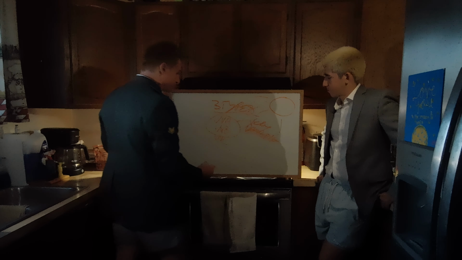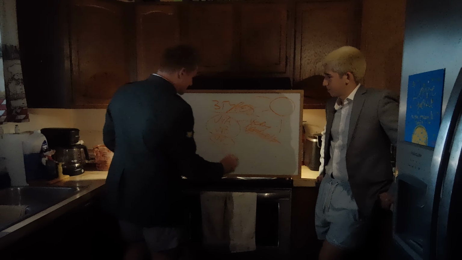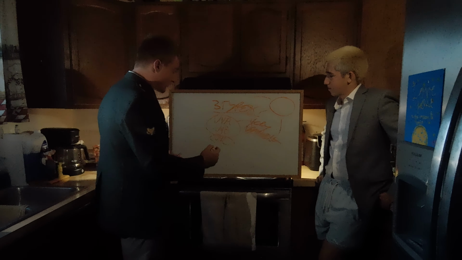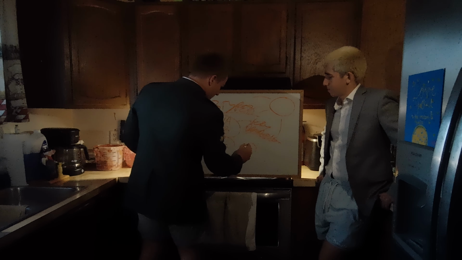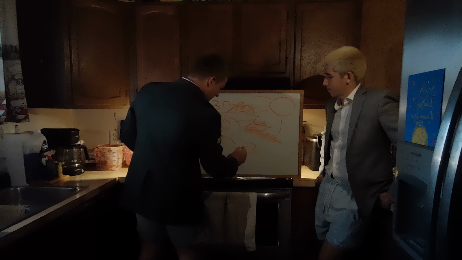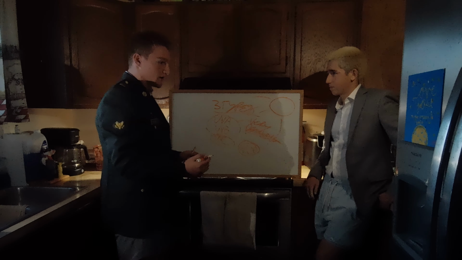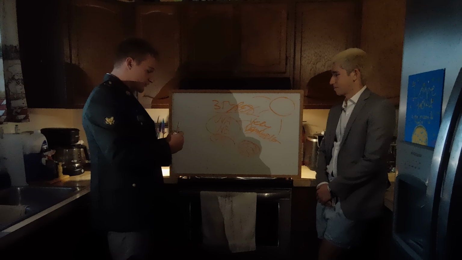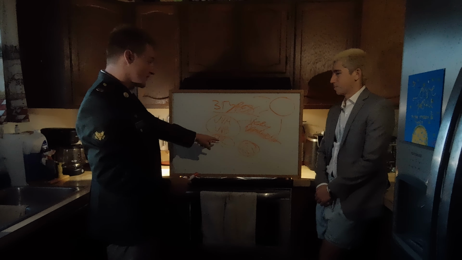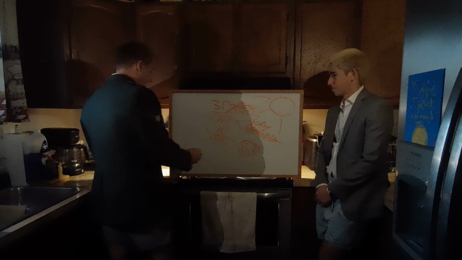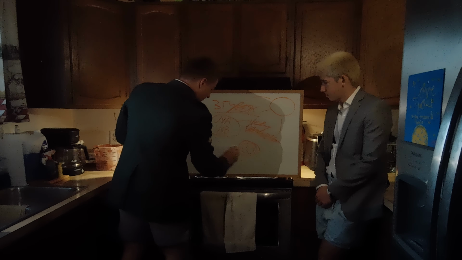UVC is completely absorbed by the Earth's ozone layer. You have the Earth, and it's got this protective little bubble around it called the ozone layer. It absorbs UV radiation, and it completely absorbs all of UVC. So we'll just completely erase that.